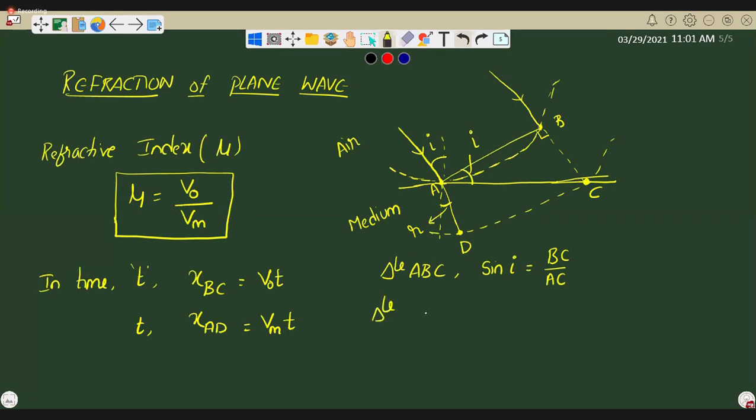Now, triangle ADC, sine R. Now see, this line with this line is making angle R, so I am drawing this line's perpendicular. This line's perpendicular makes the same angle.